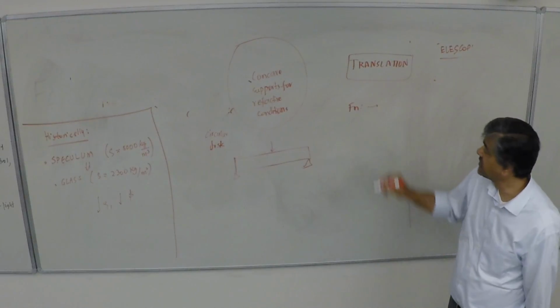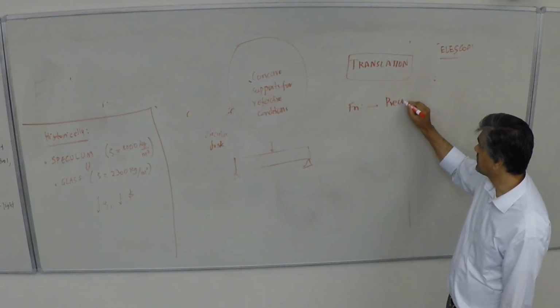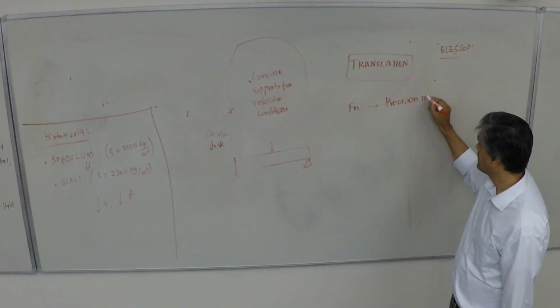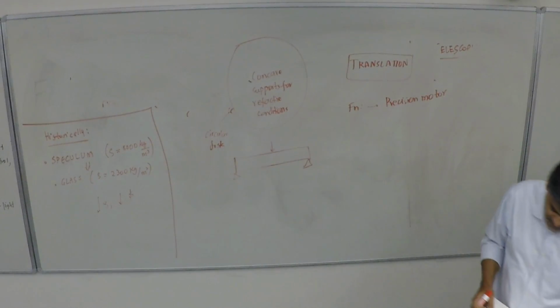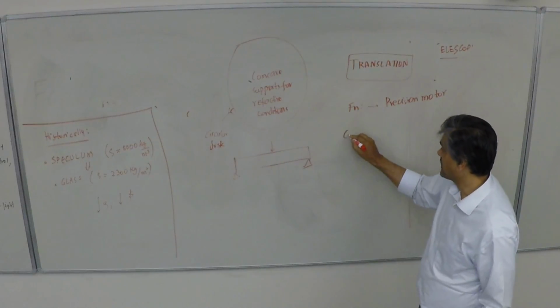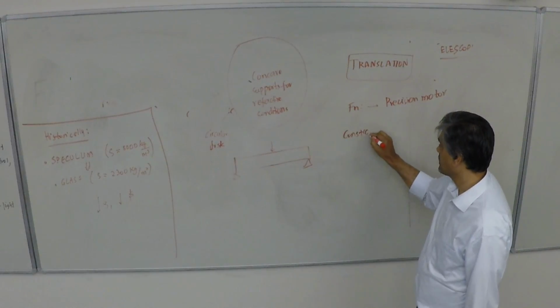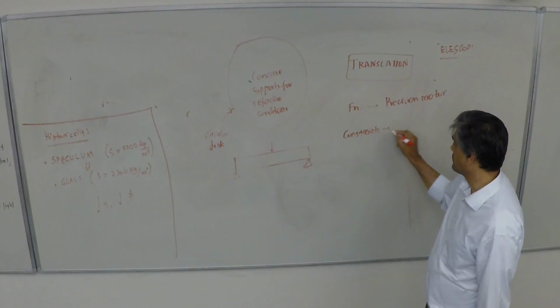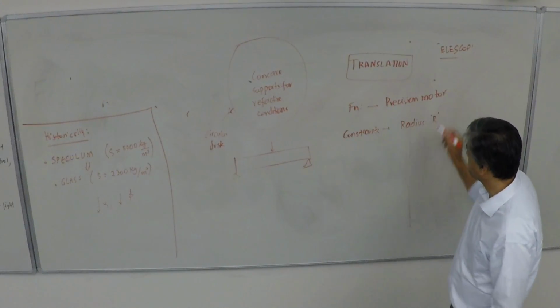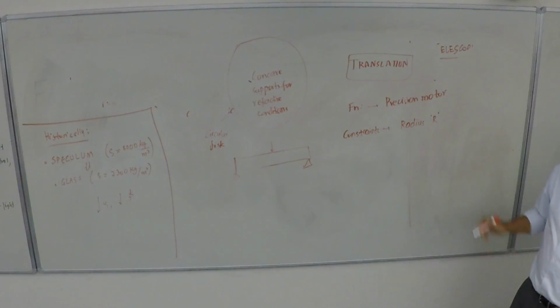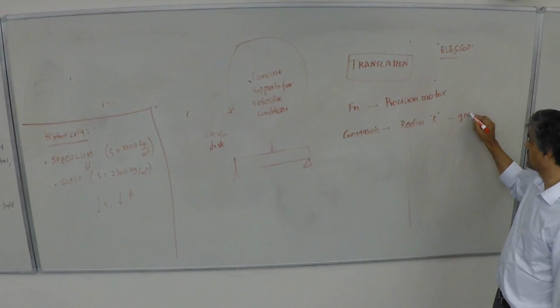The function is that it should be a precision mirror, because it has to have very high accuracy, right? So that is one of the conditions. Obviously the constraints would be that you would work with a certain radius r specified. So this happens to be a geometry constraint, right?